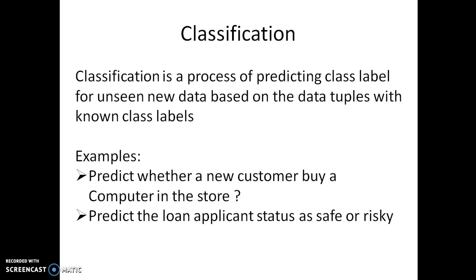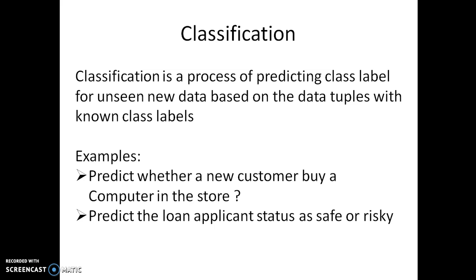Classification is the major task of data mining, in which we predict the class labels of unseen new data based on the data tuples with known class labels. For example, if a new customer comes to the store, as the shopkeeper I would like to predict whether he is going to buy a computer in the store or not.